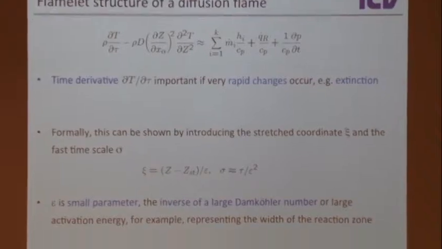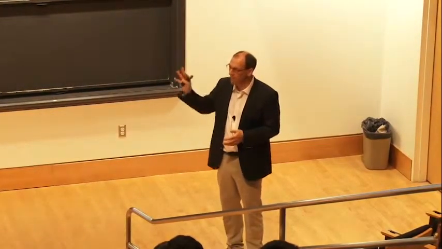What is a sink of scalar variance? We'll see that corresponds to the rate of local molecular mixing. Okay? So this scalar dissipation rate, that's the rate, even in a turbulent flow, that would be the rate of small-scale molecular mixing, when fuel and oxygen really come together.